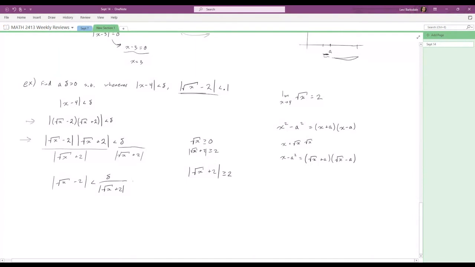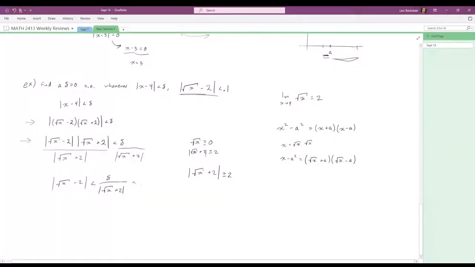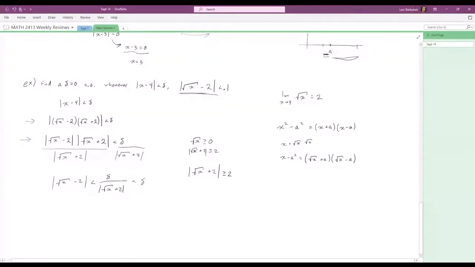Well, if I'm dividing something by more than 1, it's going to get smaller. So I can actually say that delta divided by a number bigger than 1 is going to make delta smaller. So I can say that delta divided by the absolute value of square root of x plus 2 is in turn smaller than delta itself. Does that make sense?